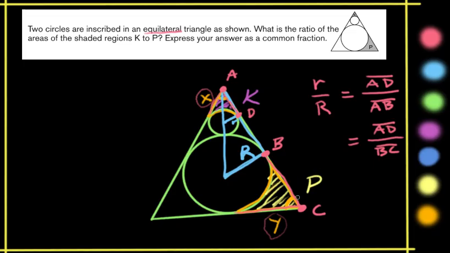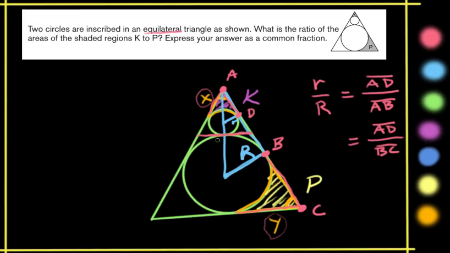So, can we figure out the ratio of those two radii? Let's see. I think we can draw a line across, tangent to both these circles, across like this.